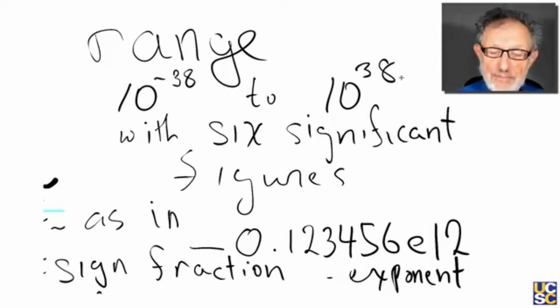So that's an even larger number, but this is still pretty significant. For example, on Earth, there's something like 7 times 10 to the 9th people, or 7 billion people. And that can be expressed with 6 significant figures, as in 0.123456, and then there's an exponent part, which is 10 to the 12th.